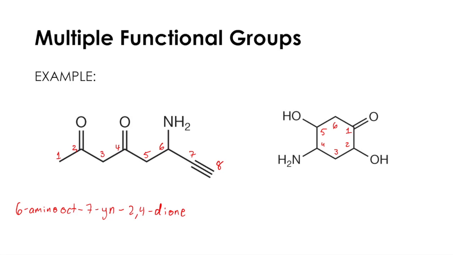The amine is called amino, and the alcohols are called hydroxy as substituents. So amino is first alphabetically, 4-amino. And then we have the alcohols, which are 2,5-hydroxy. And then the root is a cyclohexane. So cyclohexane. And that's it.